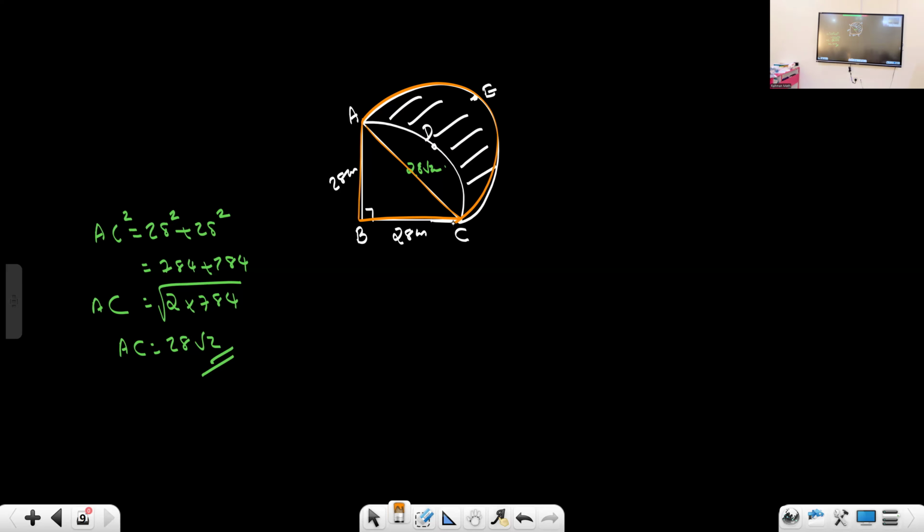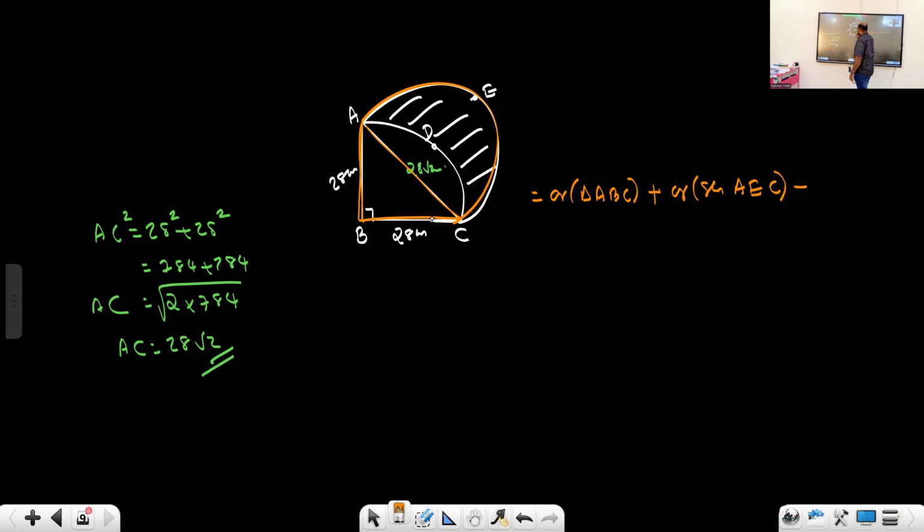Area of the shaded region equals area of triangle ABC plus area of semicircle AEC.